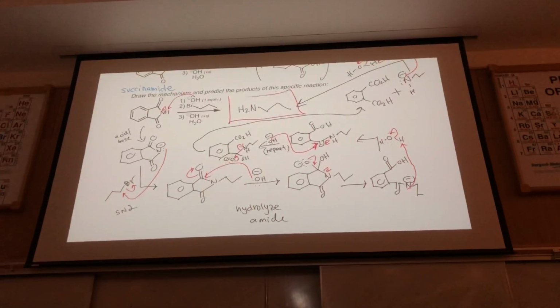And voila, we have our amine that at first glance looks like it's mysteriously formed from succinimide, but we're really only taking the NH out of there, right? The alkyl component came from the alkyl halide.